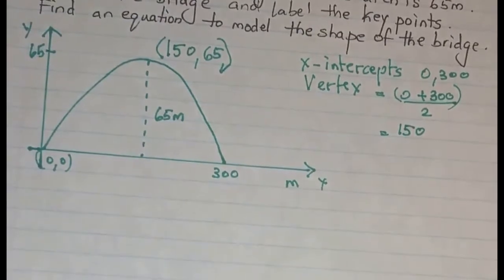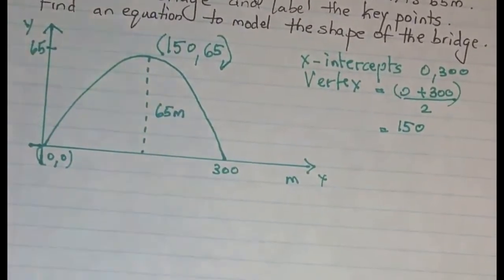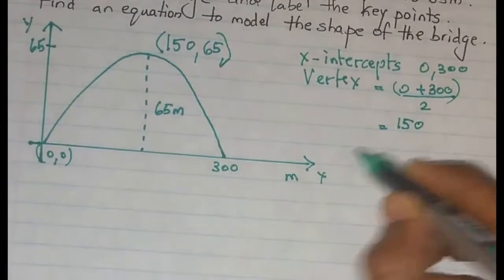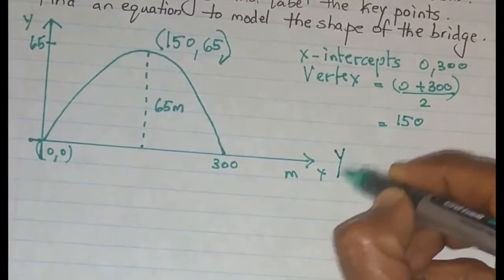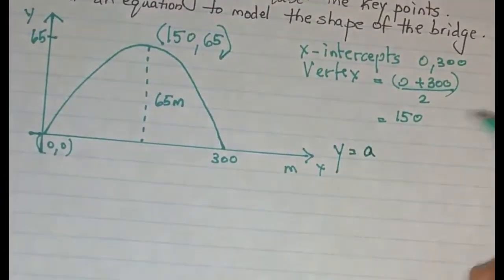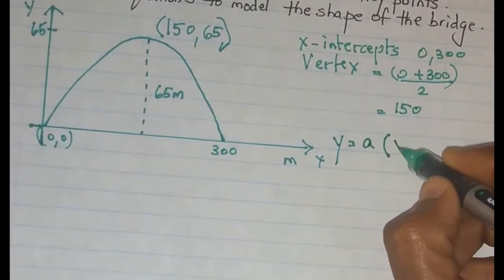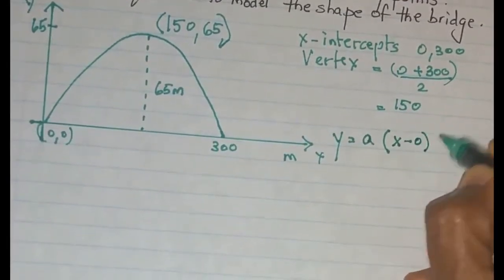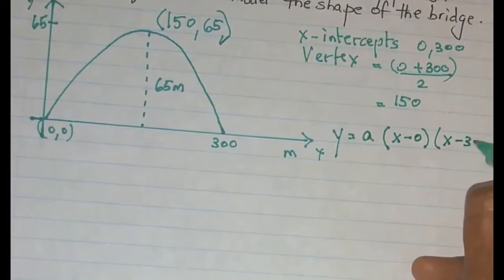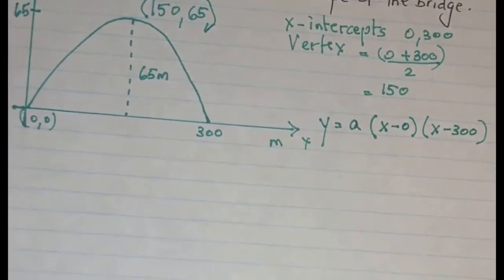Now, what I have to do is write an equation to model the shape of the bridge. So this is a quadratic equation. Let me write a general equation with variables. It's going to have a variable A here. And since I know the x-intercepts, I'm just going to write that in here. y equals A times x times x minus 300. So 0 and 300 are my x-intercepts.